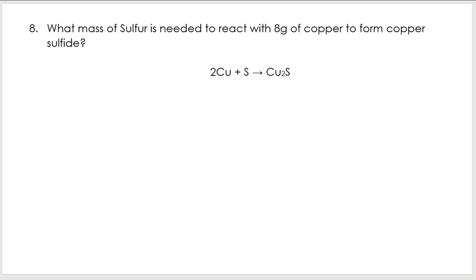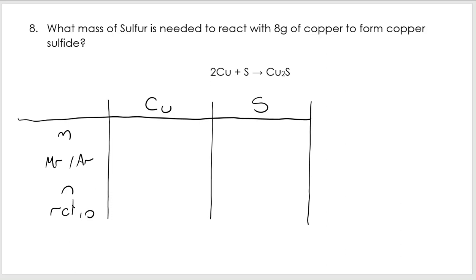And moving on to the final question, we've got copper and sulfur that we are interested in. I put those in. So it's relative atomic masses we're going to use in a moment. 8 grams of copper. Relative atomic mass is 63.5 and 32 respectively. That means I can work out my number of moles.